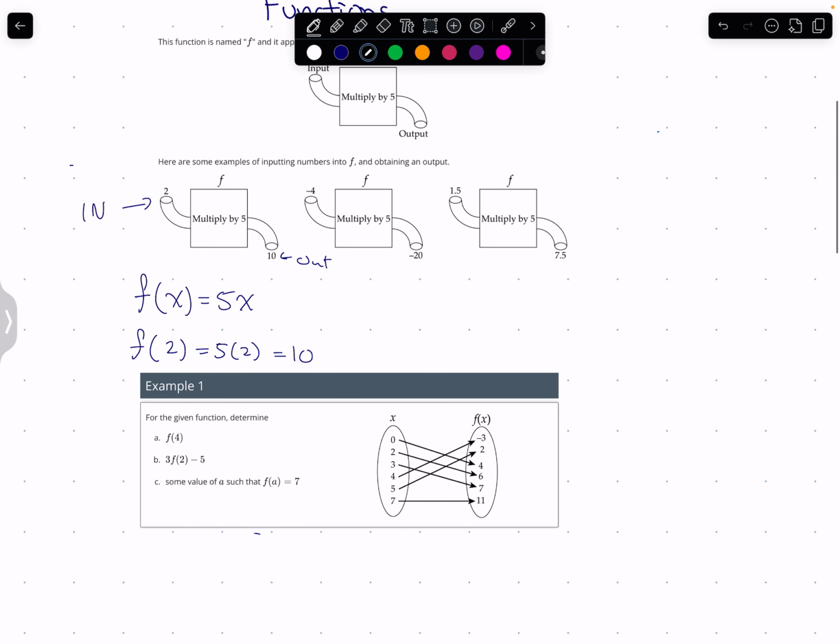Function notation just helps us categorize that in neater terms. What happens in the middle is usually called the function operation. The function operation is what turns my input here, which was 2, into my output, which was 10.